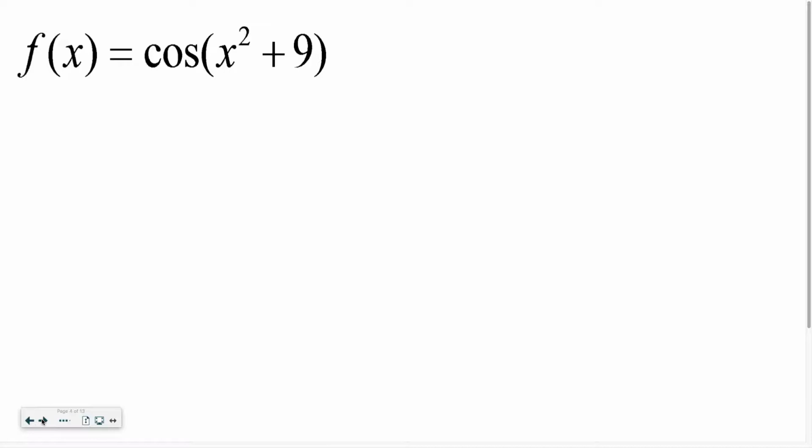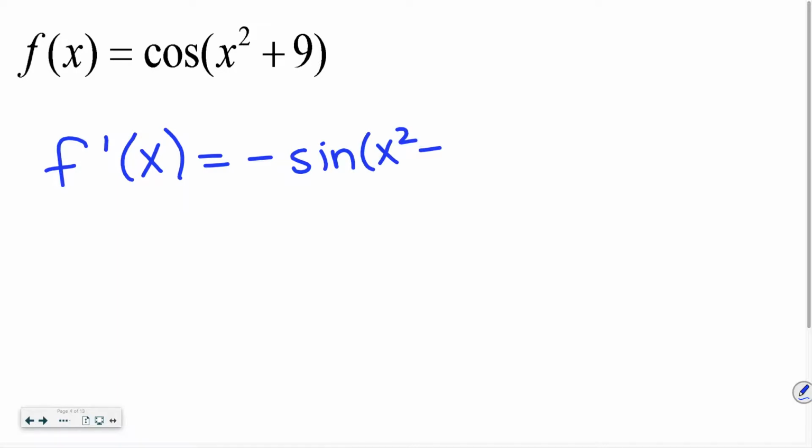Okay? So our outer function is cosine. Inside of cosine is x squared plus 9. So when we take the derivative, we take the derivative of the outside. What's the derivative of cosine? Negative sine. So we have negative sine, and our inside stays the same, times the derivative of what's inside.